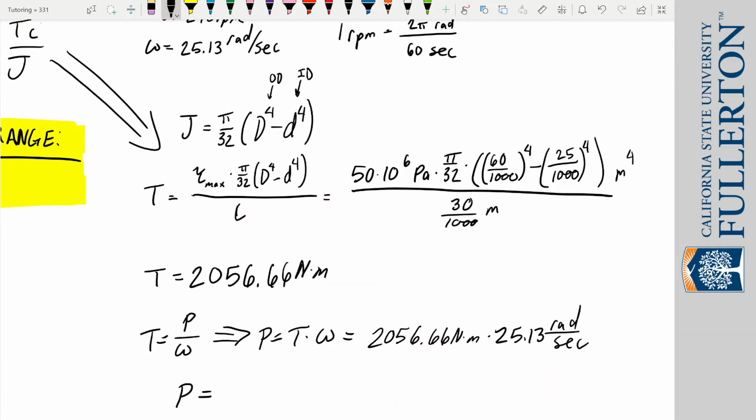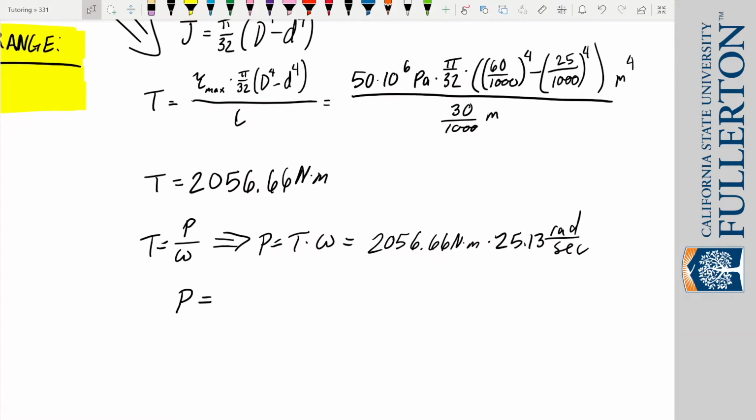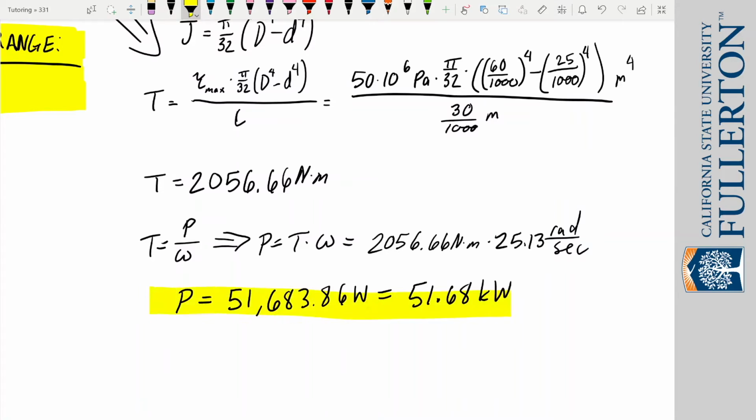We end up getting that the maximum power this can drive is 51,683.86 watts. If we move that into kilowatts, it's about 51.68 kilowatts, which is a reasonable figure.